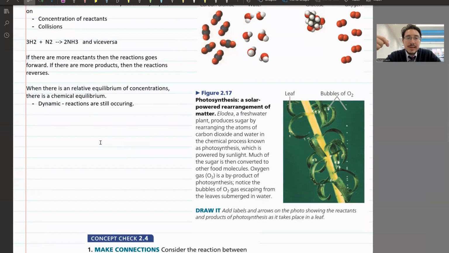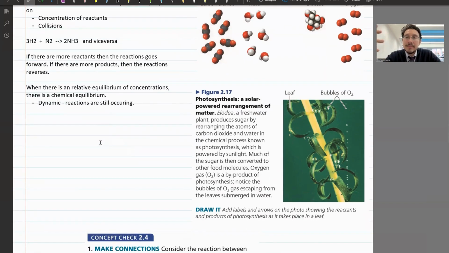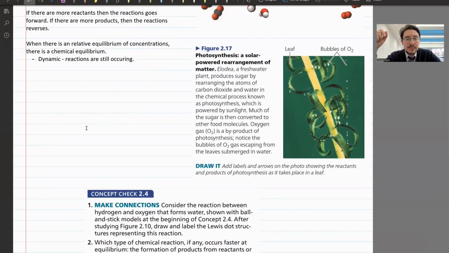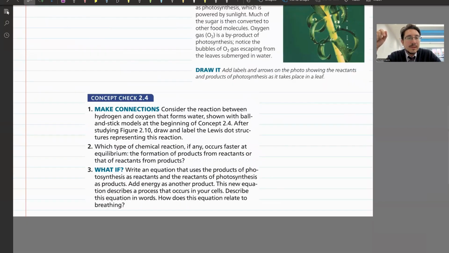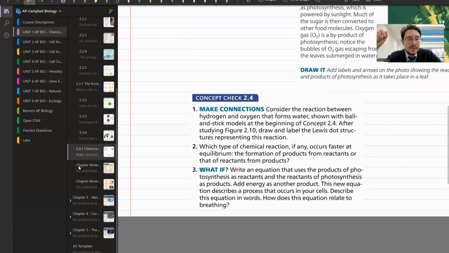Okay, there is a chemical equilibrium that is occurring. So you can say that the reactions are dynamic. Reactions are still occurring, but there's a net change, right, between the products and the reactants. Okay, and this is 2.4 for you guys to see here. And with that, we finished.